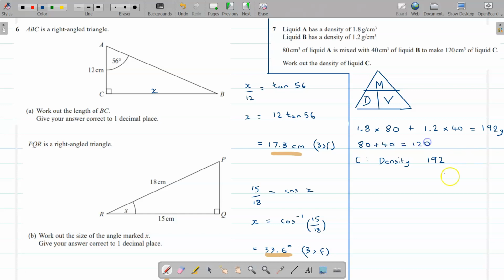This is my working. So it's going to be 192 divided by 120, and that's 1.6 grams per centimetre cubed. That's the density of liquid C. It's exact, okay? You don't need to round that or anything because it's exactly as it comes out.